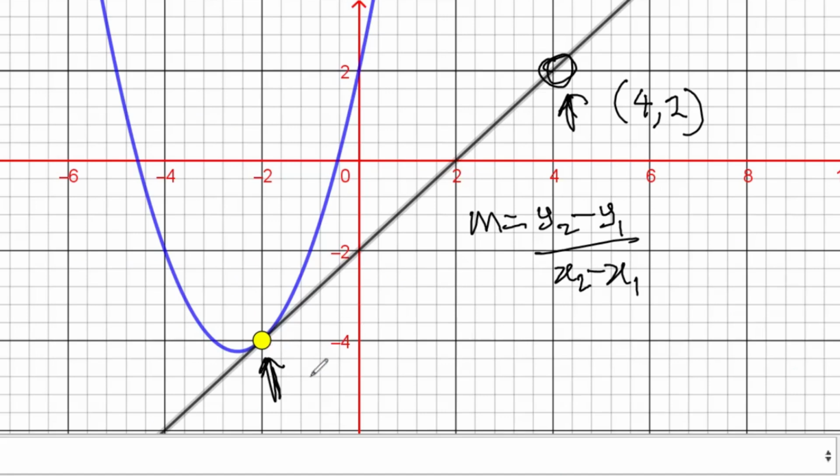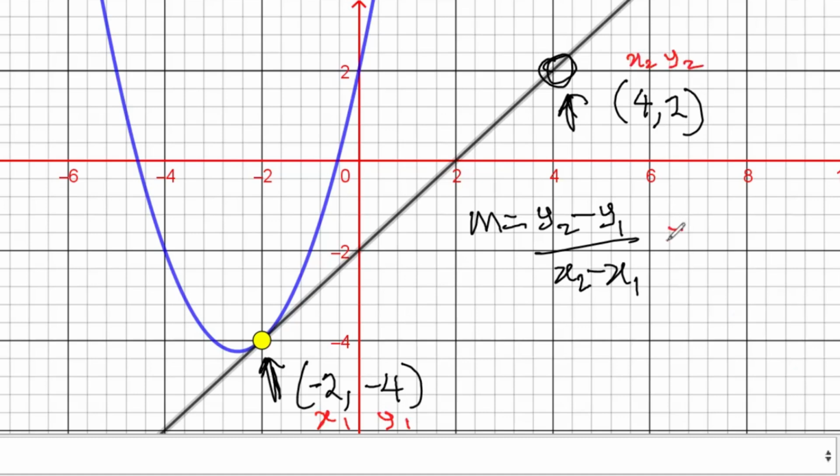I have the coordinates of the points, -2, -4 and 4, 2. I call the first one x1, y1, and the second one x2, y2.